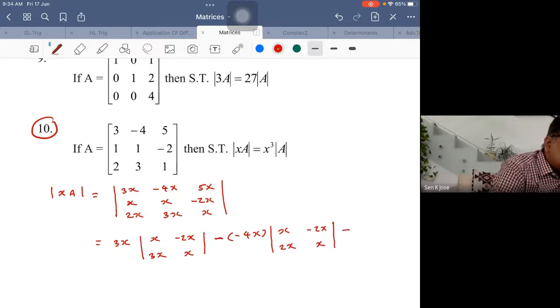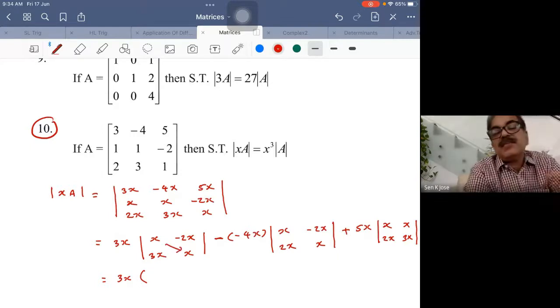Then plus the final element. The third element is 5x into its minor. 5x is the element into its minor. Delete the row and the column it belongs to. The 4 numbers are x, x, 2x, and 3x. Then you start expanding. So that's going to be 3x into, I do AD minus BC, normal multiplication.